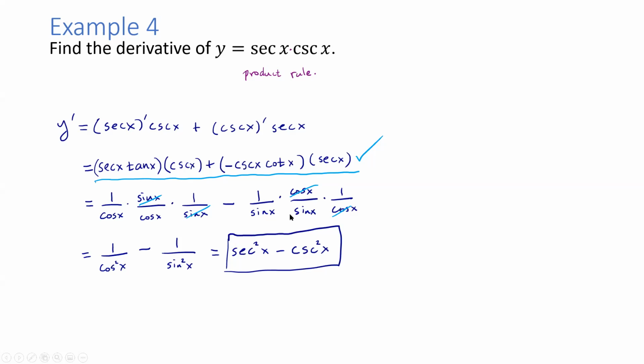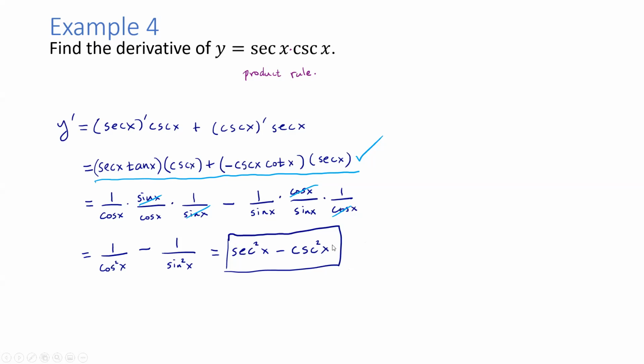So you're better off not simplifying too much, at least on an exam. In some cases it might be necessary. But here, if it's just like find the derivative of some function, I'm going to give you full credit if you just show that derivative step where you've applied the rule.